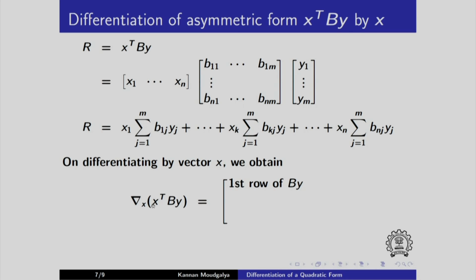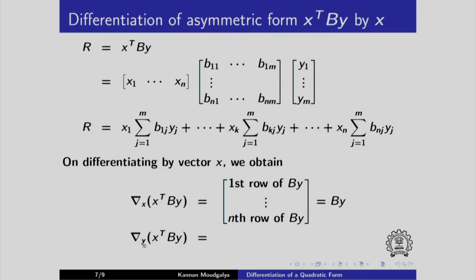So that is the partial with respect to x1. Then when I do a partial derivative with respect to x2, I get the second row and so on. Finally I arrive at the last row. So I get this matrix on differentiation, and this is equal to By, because you have all the rows of By. So this becomes By.